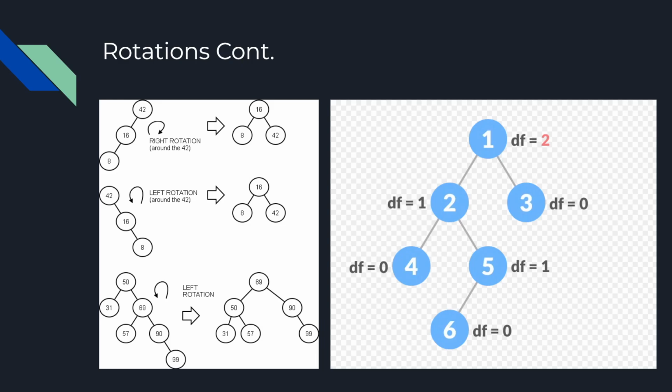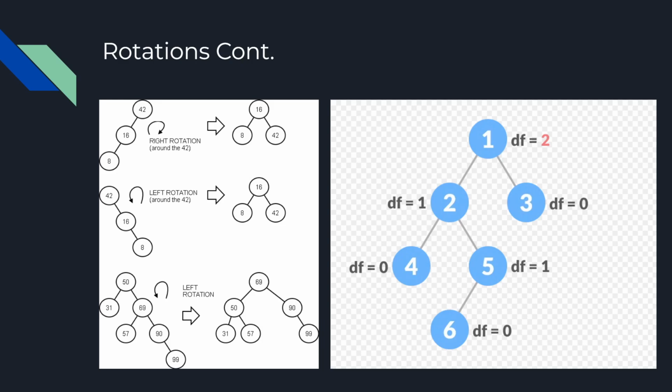So an easy way to correct this would be using a right rotation, where we twist it in order to make 42 the right child of 16 instead of the parent node. In this way, we only get a balance difference of 1. Similarly, looking at the left rotation, it works exactly the same way, except when nodes are balanced differently.